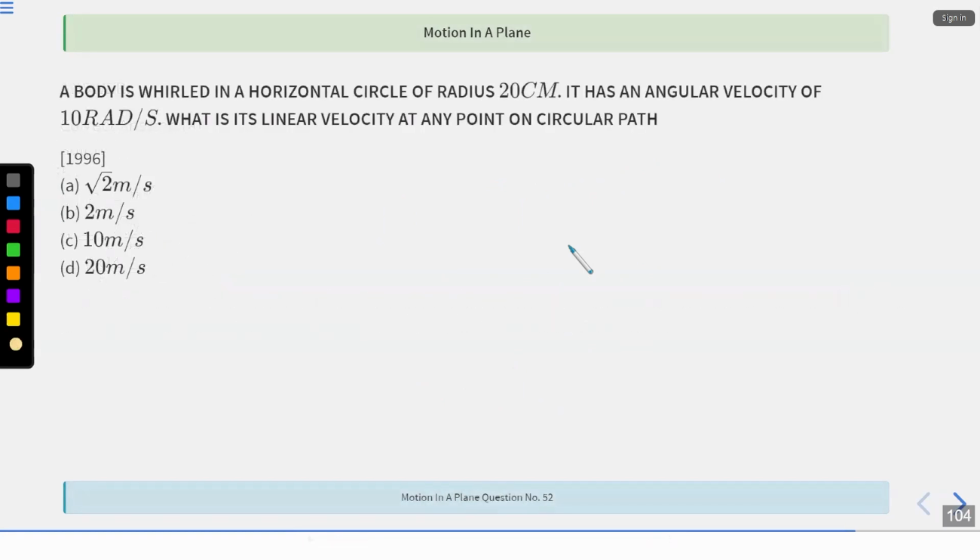The next question is, a body is whirled in a horizontal circle of radius 20 centimeter. It has an angular velocity of 10 radian per second. What is its linear velocity at any point on the circular path? This is again related to circular motion. So it's given that radius is 20 centimeters.